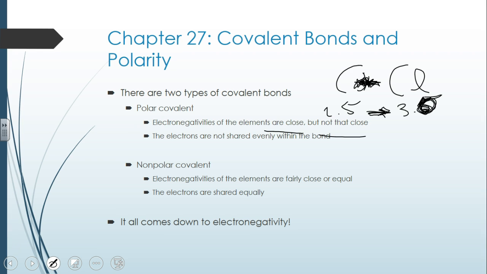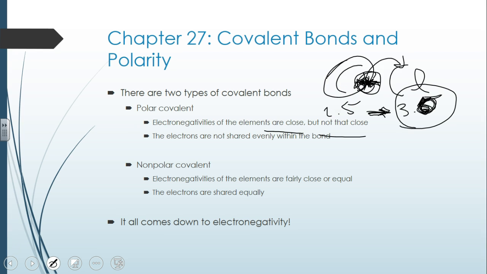And how are the electrons going to pick which atom they like better? Well, they don't look at the electronegativity, but we as chemists are going to look at the electronegativity. And it turns out that because chlorine has a higher electronegativity, the electrons here are going to be around chlorine more than they're around carbon.